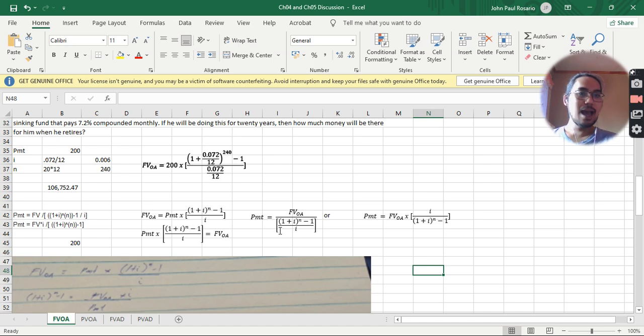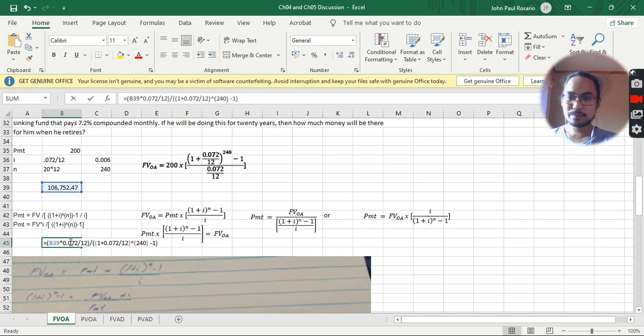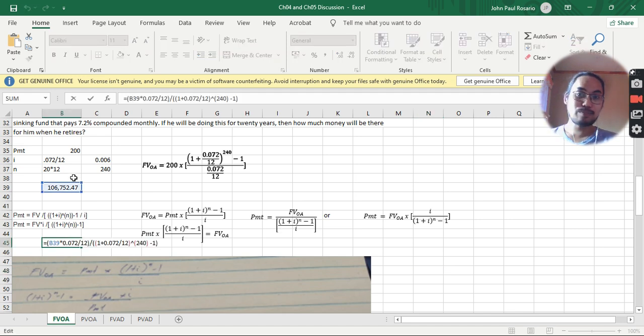So how do we apply that to our problem? So here, this is our future value of ordinary annuity. We multiply that by our I of 0.072 over 12, and then we divide all of it by 1 plus the I, 0.072 over 12, raised to the power of 240, all minus 1. Okay?